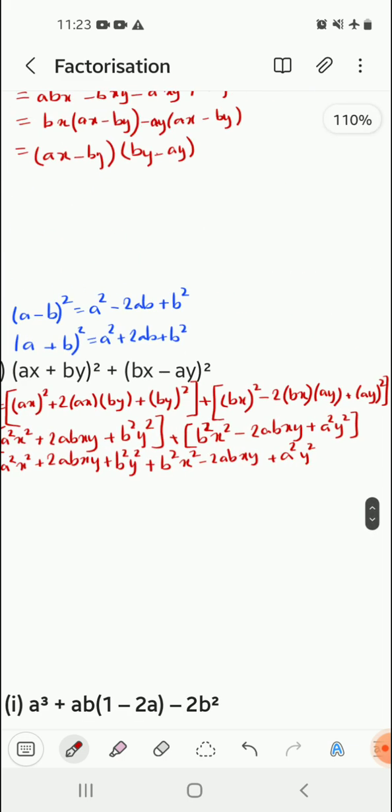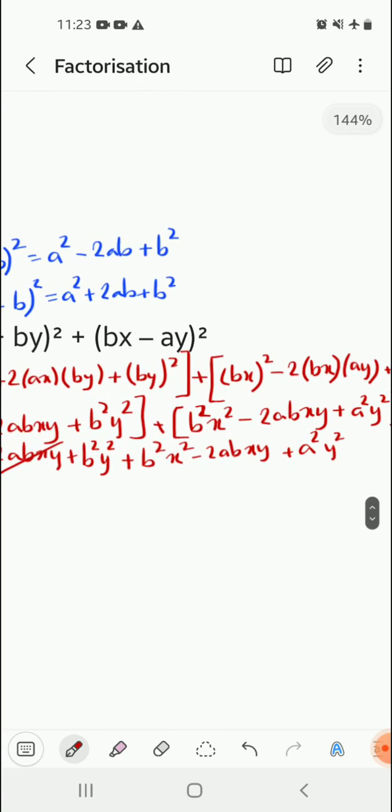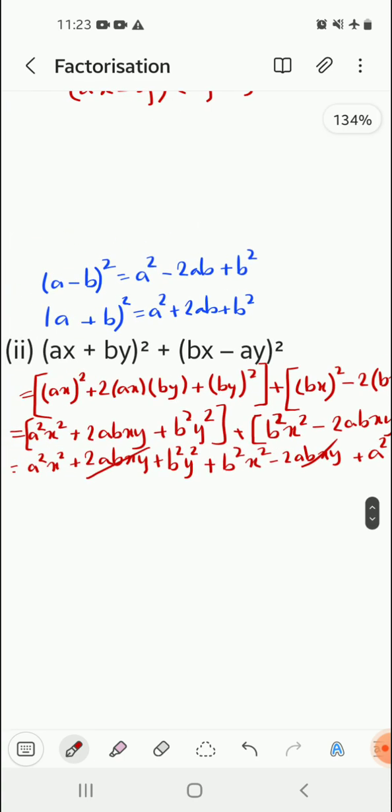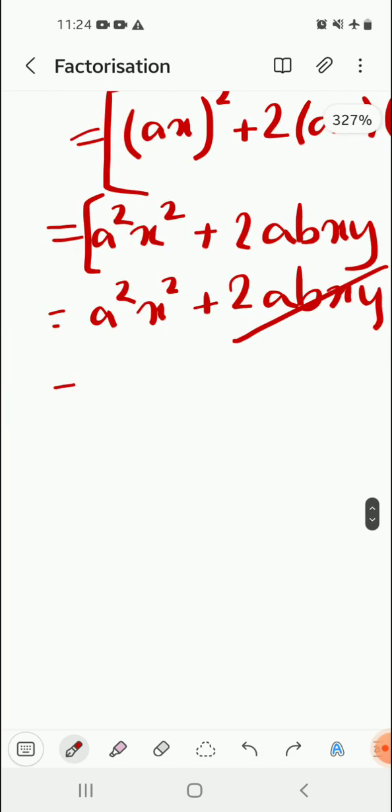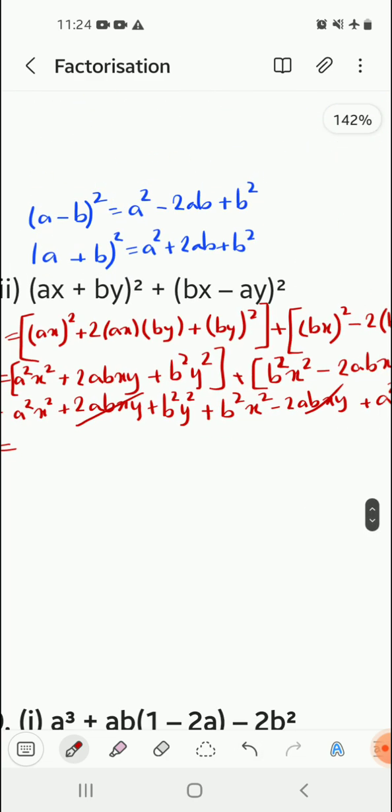We have got this. So plus 2abxy and minus 2abxy first gets cancelled. Now we have a square x square, b square y square, b square x square and a square y square left. So see over here, what do we have in common?